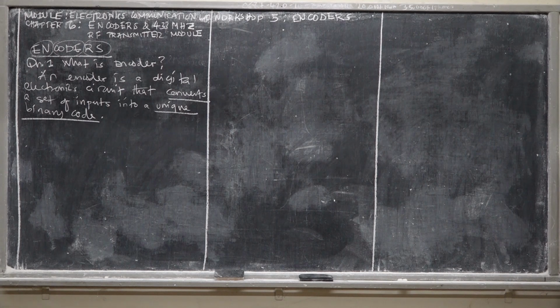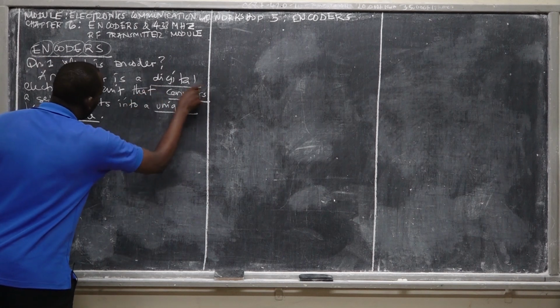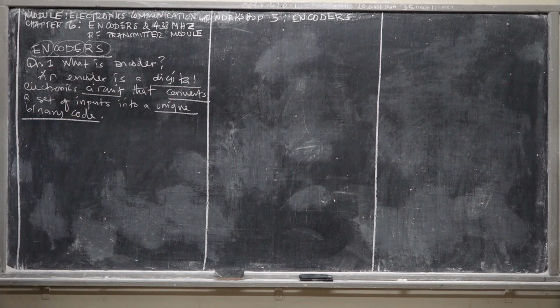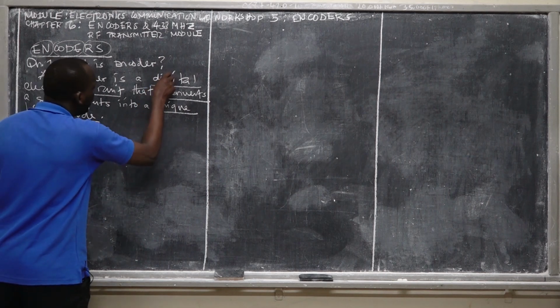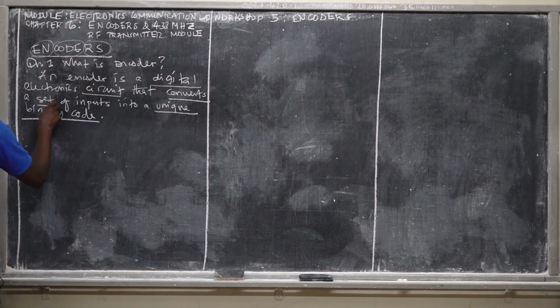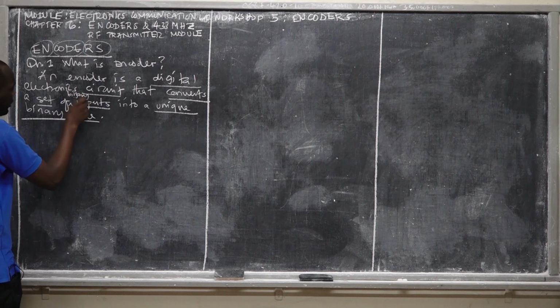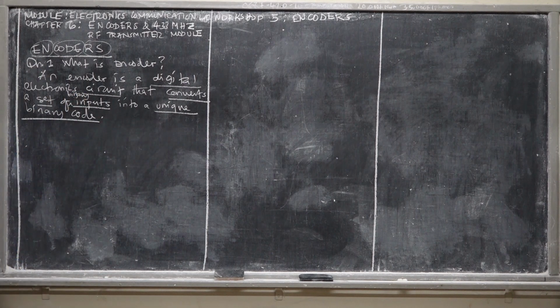What is an encoder? Simply, it is a digital electronic circuit. What does it perform in a digital system? It converts a set of binary inputs into a unique binary code.